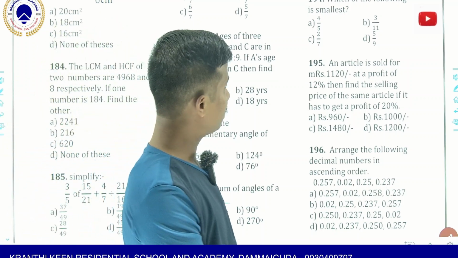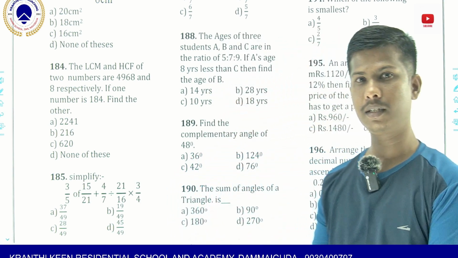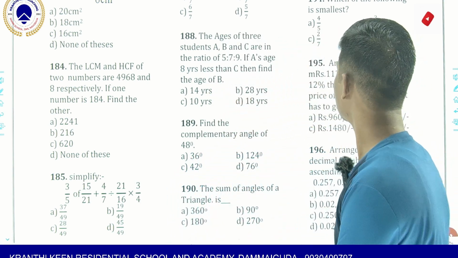You see, next one, which of the following is the smallest fraction he has given? Cancel it and find it.